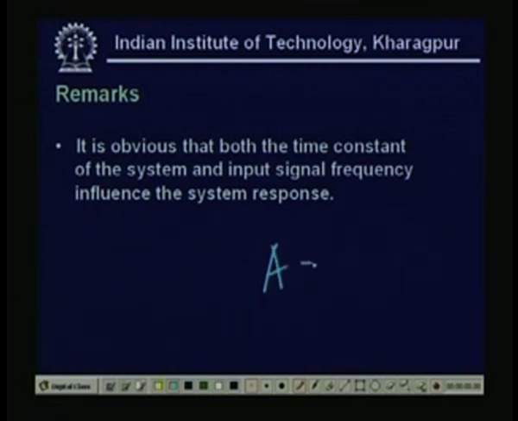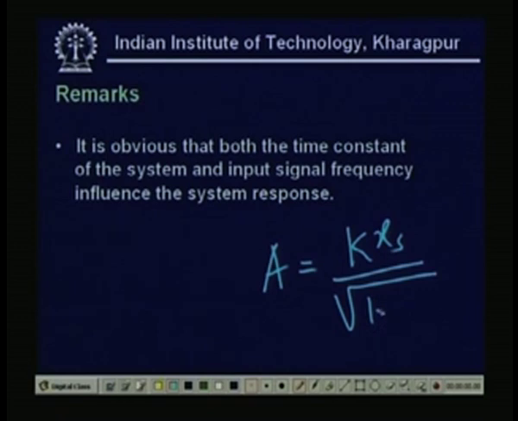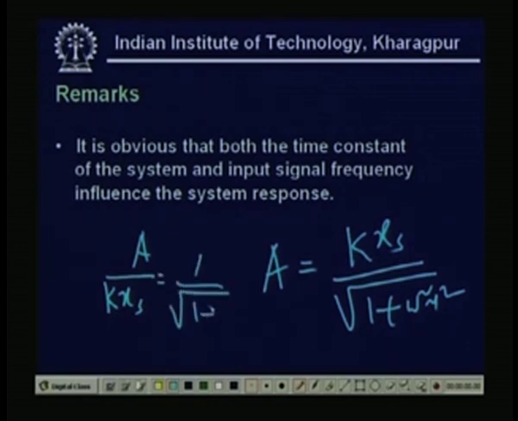You remember A equals k x s over root of 1 plus omega square tau square, is it not? We have seen. So this is my response, or if I take the normalized one, A by k x s equals 1 upon root of 1 plus omega square tau square.